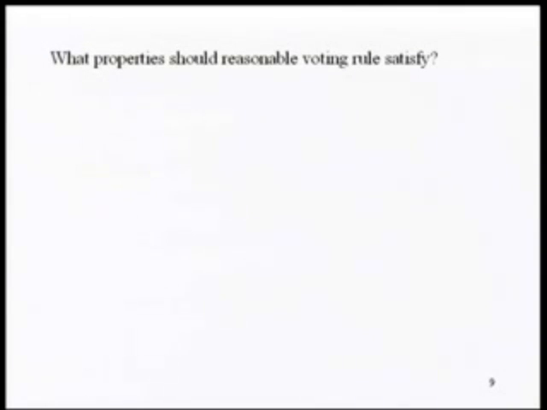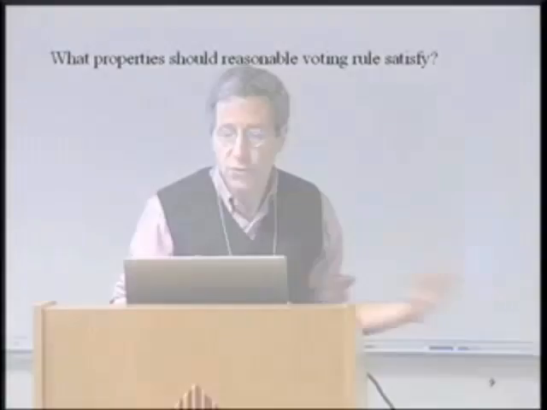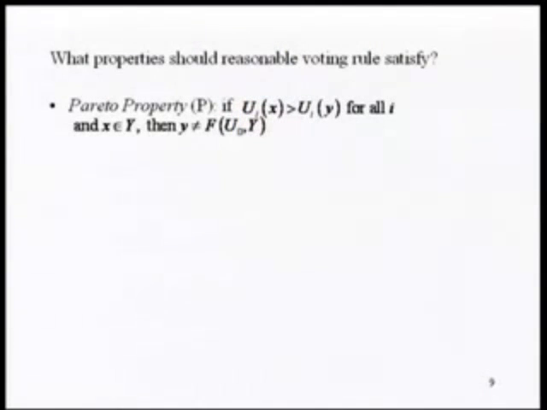So I said that the way voting theorists proceed is axiomatically. They first try to identify properties that voting rules ought to satisfy, and then see which voting rules satisfy those properties. One property that is difficult to quarrel with is the Pareto property.